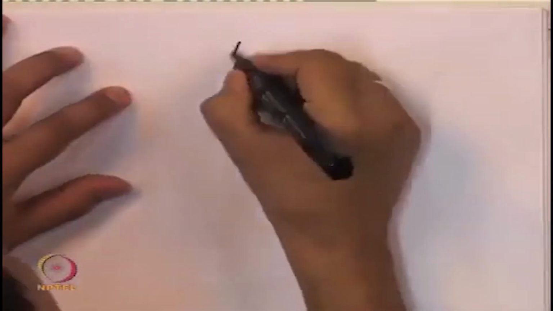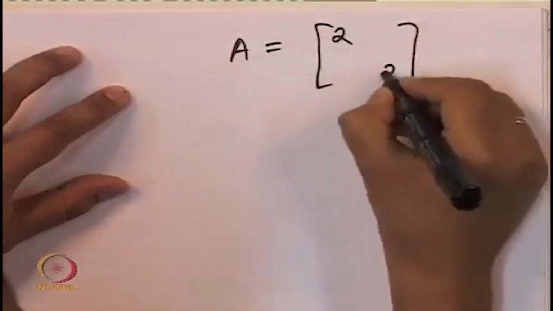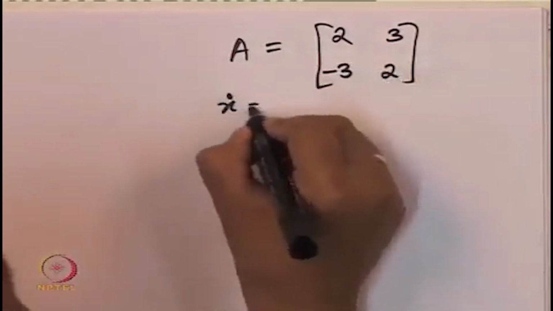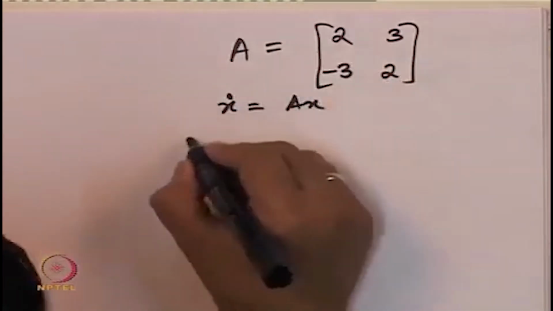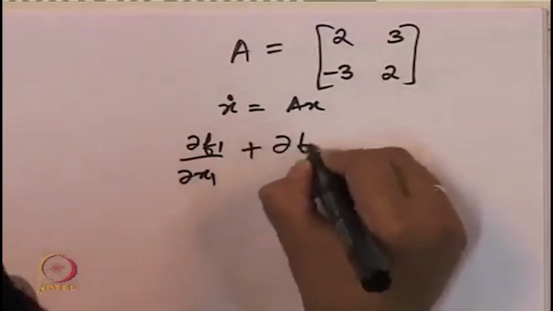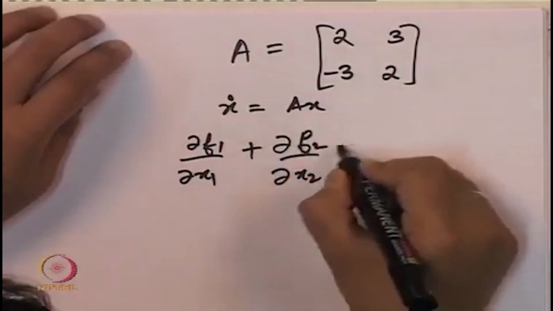So let us take a case where x dot is equal to Ax. Let us check what is del f1 by del x1 plus del f2 by del x2. What is the value of this?